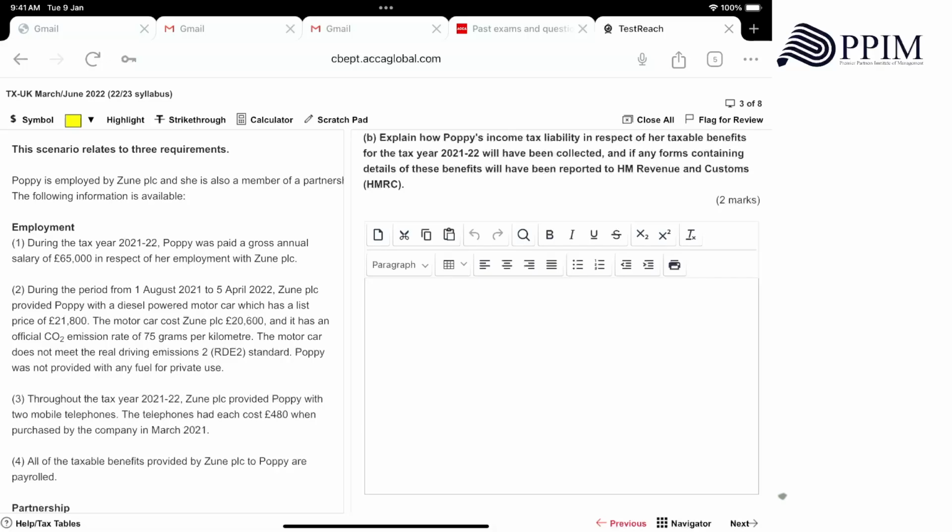No, 4. Chapter 4, 5, sorry. PAYE forms that need to be used by employees include P45 when an employee stops work, and P11D, the value of benefits in kind, unless they have been payrolled. Yes, sir. PAYE forms containing details of benefits have been reported.